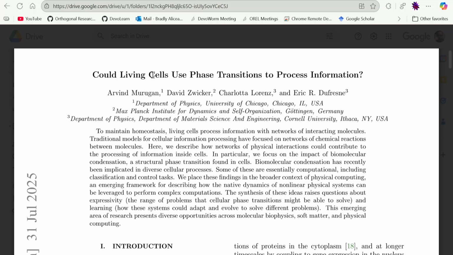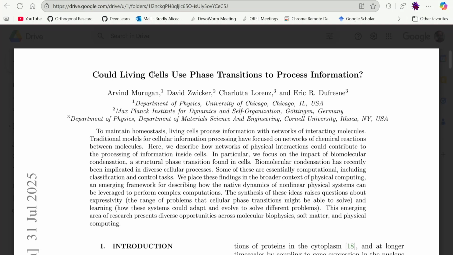So, expressivity, of course, we talk about that a lot in machine learning and in graph neural networks, and that is where the range of problems that cellular phase transitions might be able to solve is either greater or lessened by the level of expressivity. So, in other words, if I have a combination of things, how much can that combination of things lead to new things, or how much can that combination of things be informative?